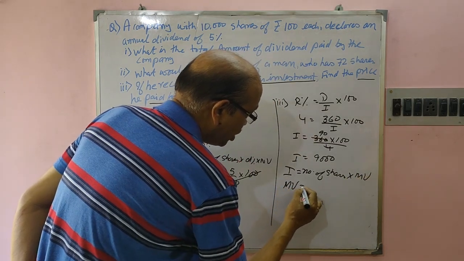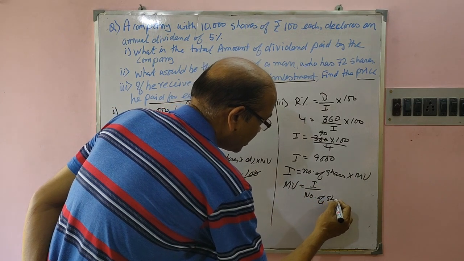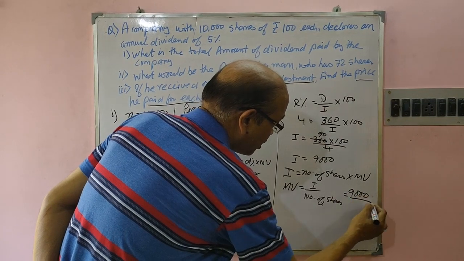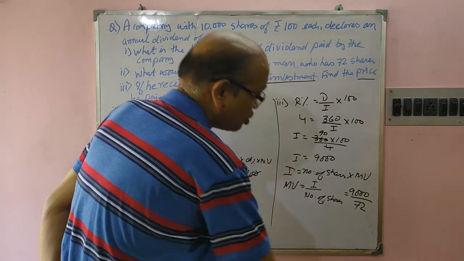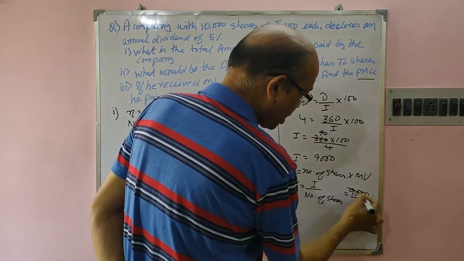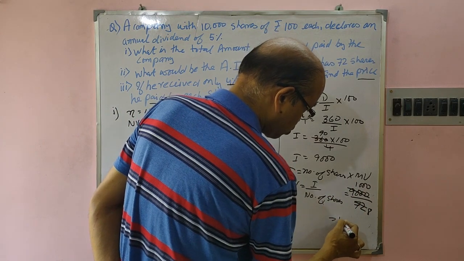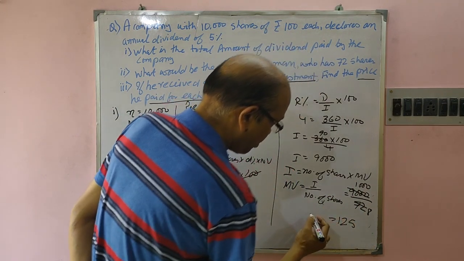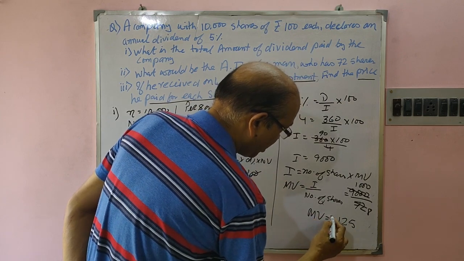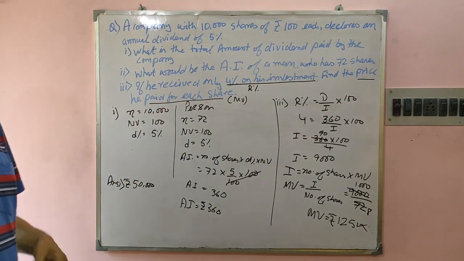Therefore, market value is investment by number of shares. 9,000 investment by the number of shares he had, which was 72. 9 eights are 72, so it equals 125. Therefore, market value is rupees 125. This is your third answer.